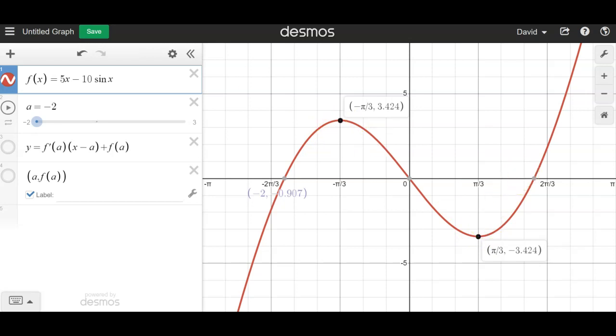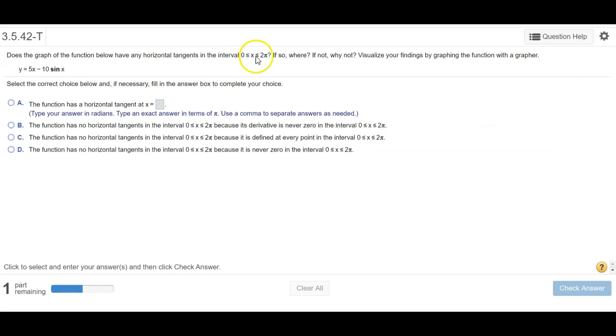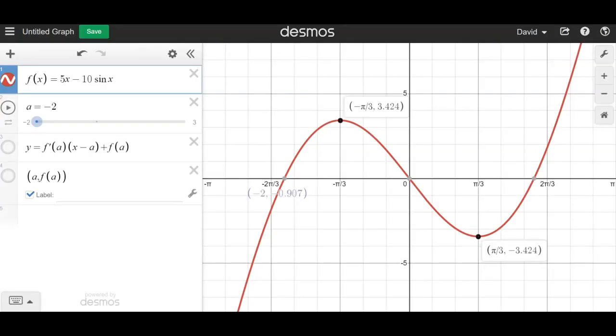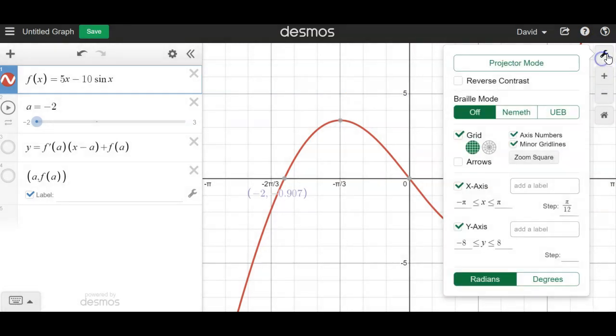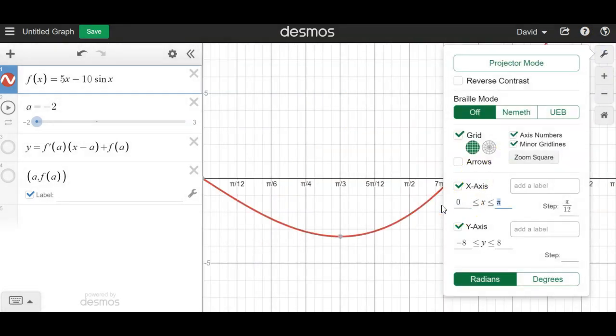Now, this problem specifically asks, are there any in the interval 0 to 2 pi? This one is not in that interval. So I always encourage you guys to learn to use this wrench tool. Make your x-axis go from 0 to 2 pi.